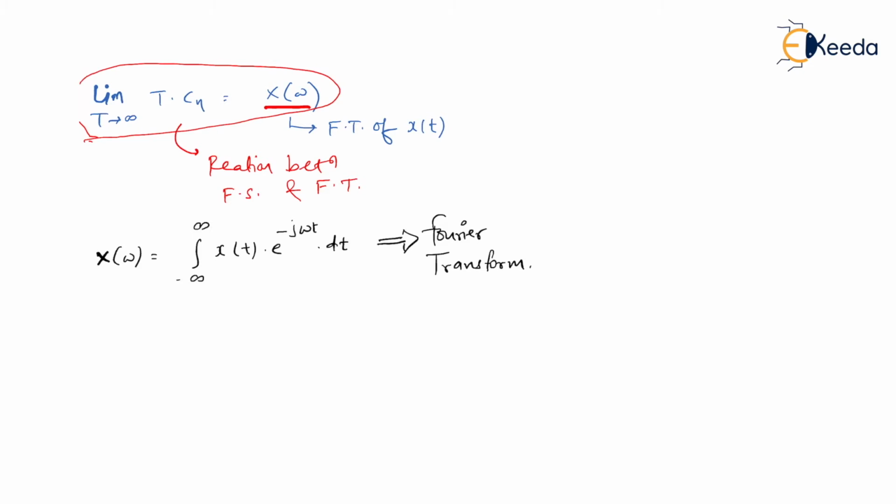Fourier transform helps you to transform your x of t to X of omega. Remember, X of omega is also known as X of j omega. It is one and the same thing. So this is what we call the Fourier transform.